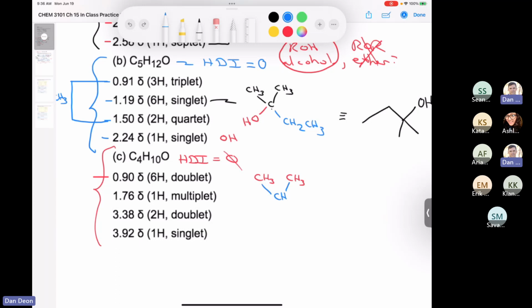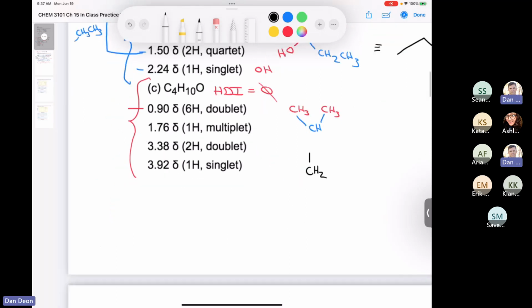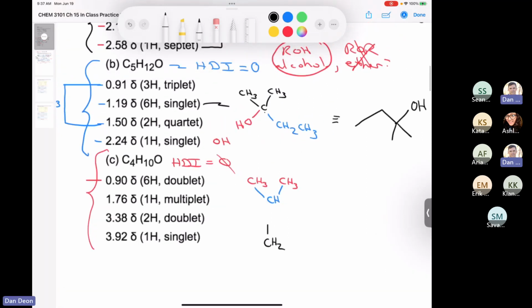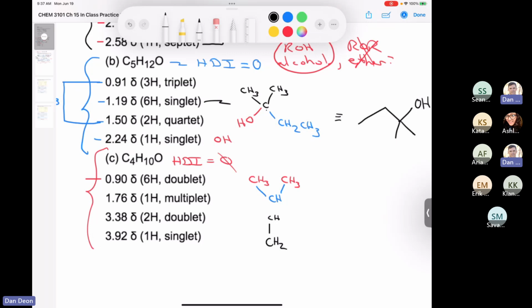Then if you have 2 protons that are a doublet, that means they're attached to a methine, because they're only split by 1 proton. And then you've got 1 proton that's a singlet. It's got a chemical shift of 3.92. And you've got an HDI of 0. So it's either an alcohol or an ether. Those are the only possibilities.